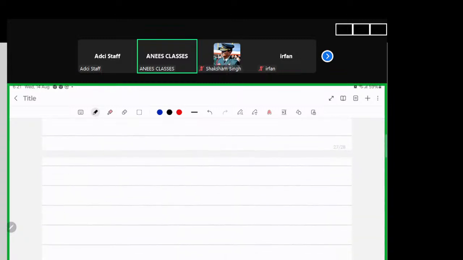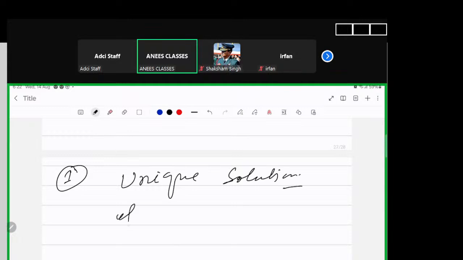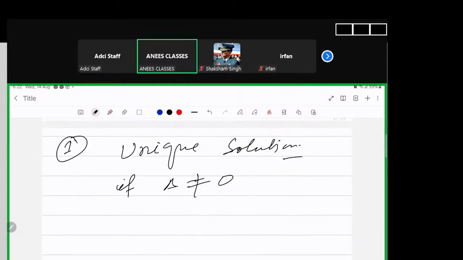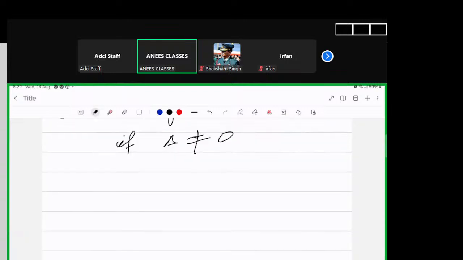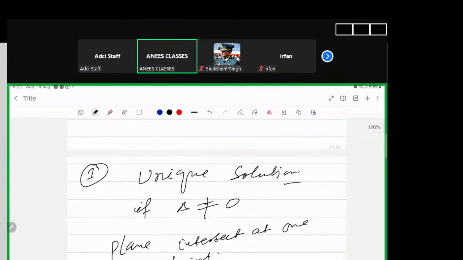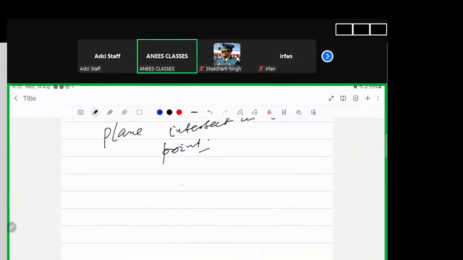Now the very, very important things come. First point, unique solution. Unique solution if delta not equal to 0. This is called planes intersect at one point. This is a planes question. Planes intersect at one point.